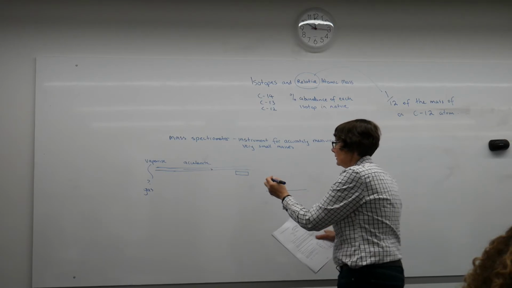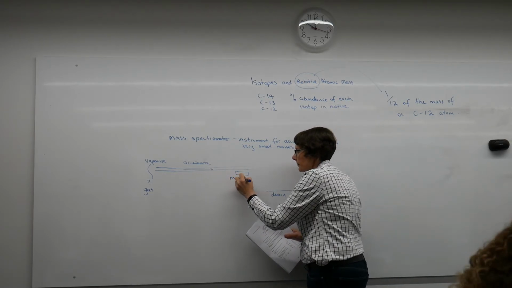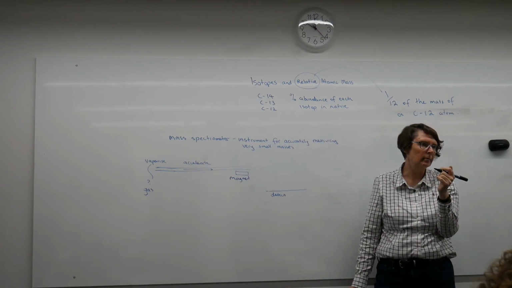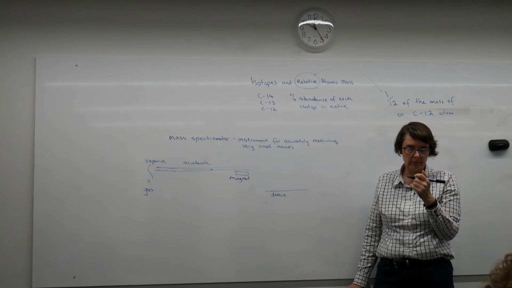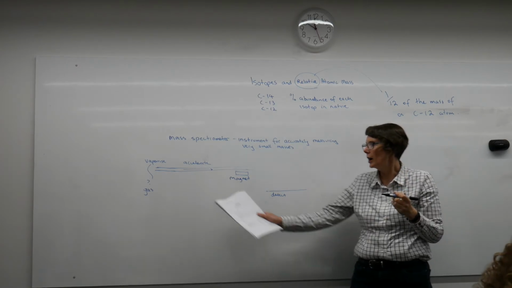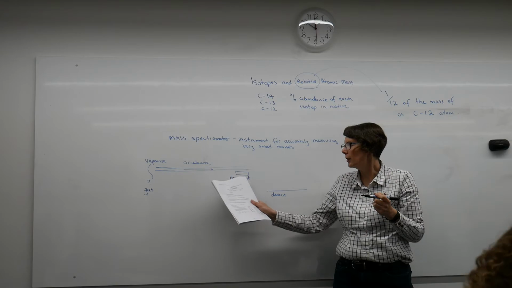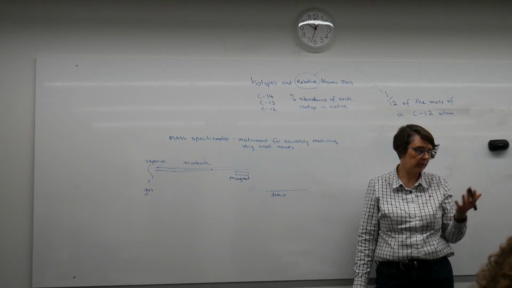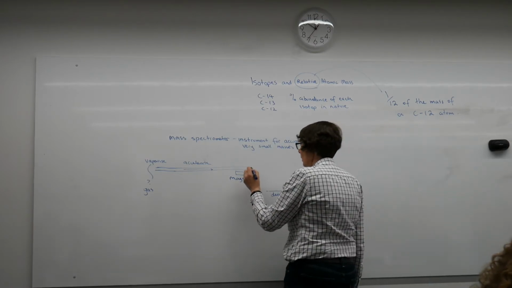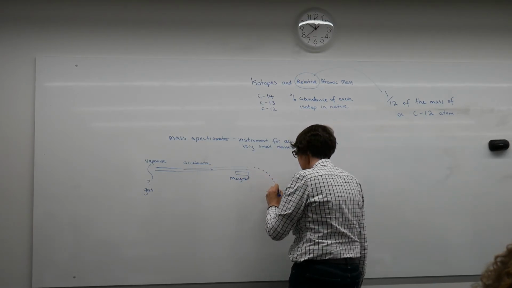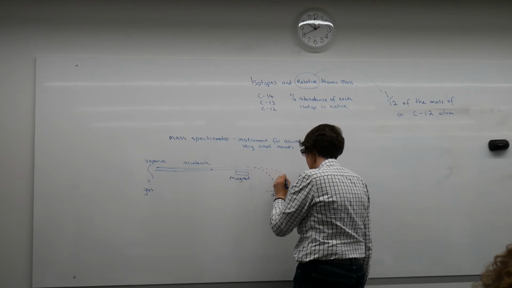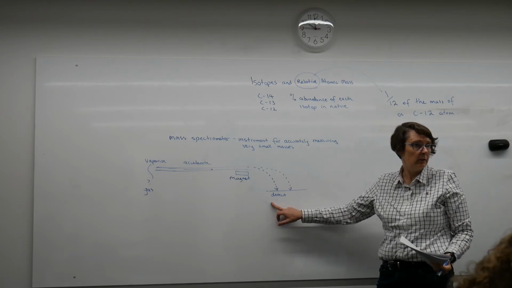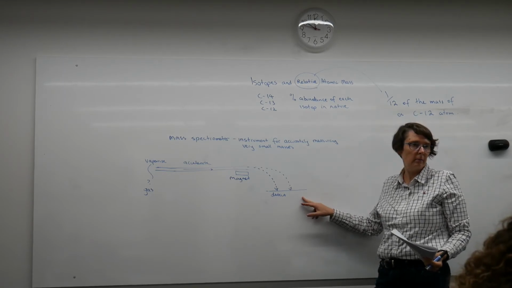And then we've got some magnets. It's the same sort of process where we've got our charged particle, and it's going quite fast, and now we're going to move it past a magnet and deflect its path. And so one with the smaller mass is going to end up over on this side, isn't it? And the ones with larger mass are going to end up further along.